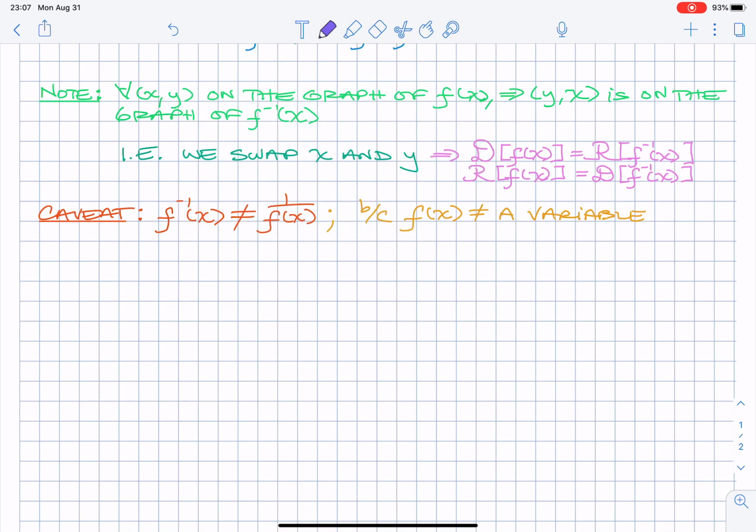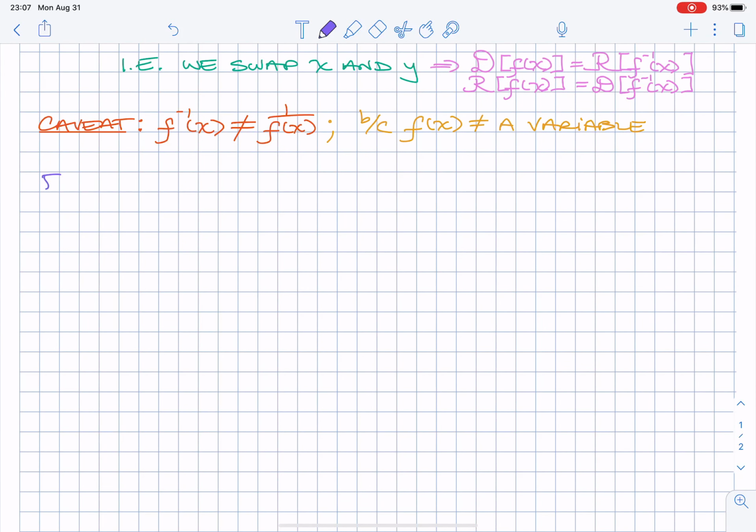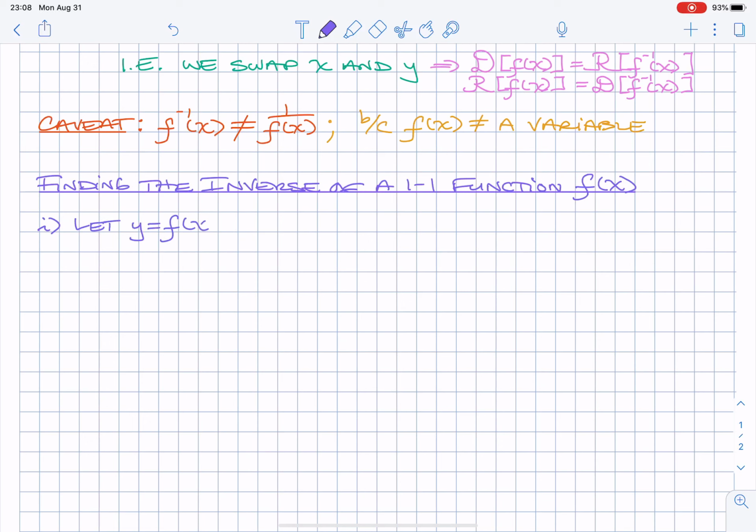Okay, so now let's list, how do we find the inverse of a one-to-one function f of x? Okay, so the first step is we let y be equal to f of x.